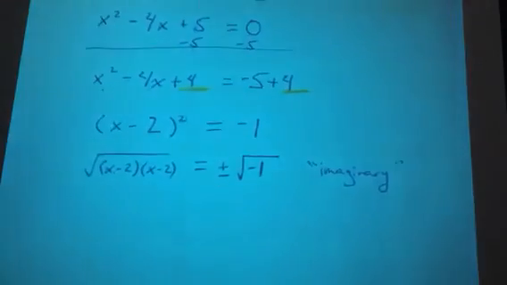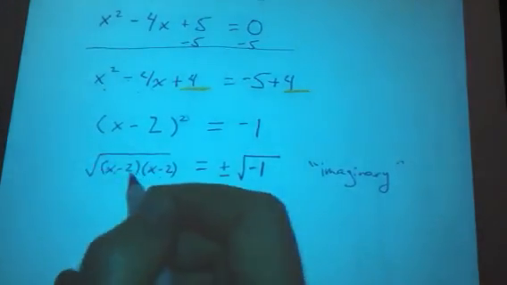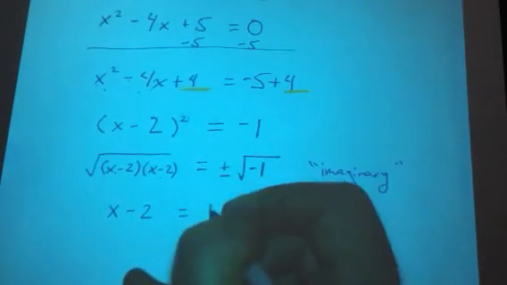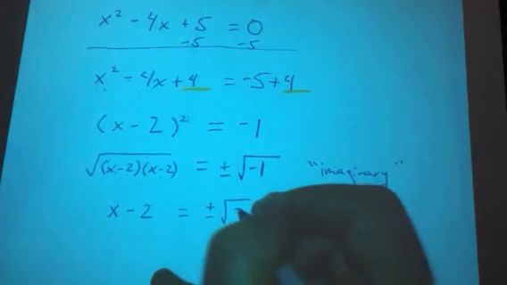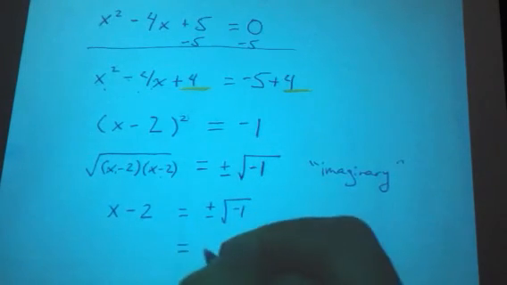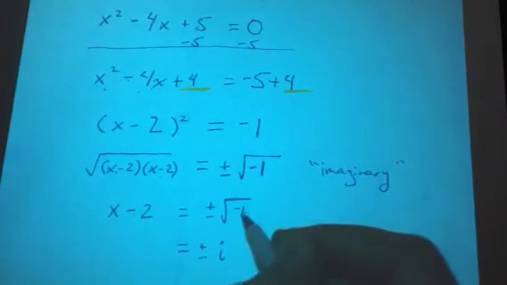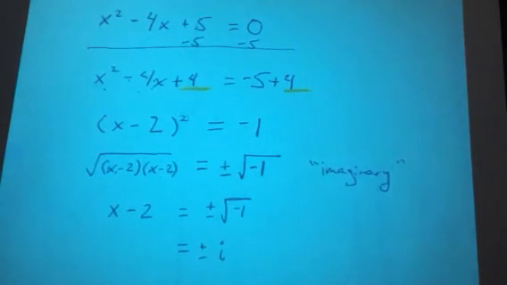Let's finish the problem. The square root of x minus 2 times x minus 2 is x minus 2, and that equals plus or minus the square root of negative 1, which we say is plus or minus i. The square root of negative 1 is called i.